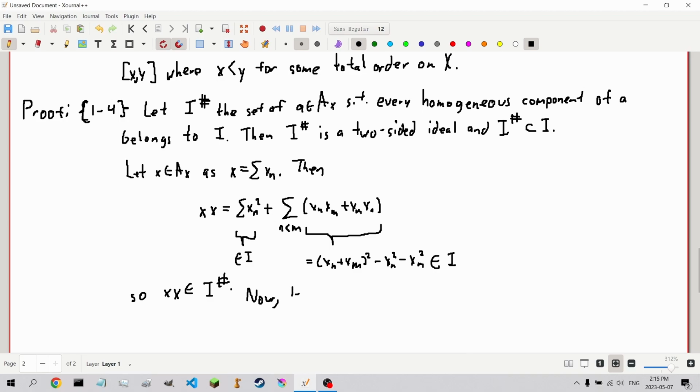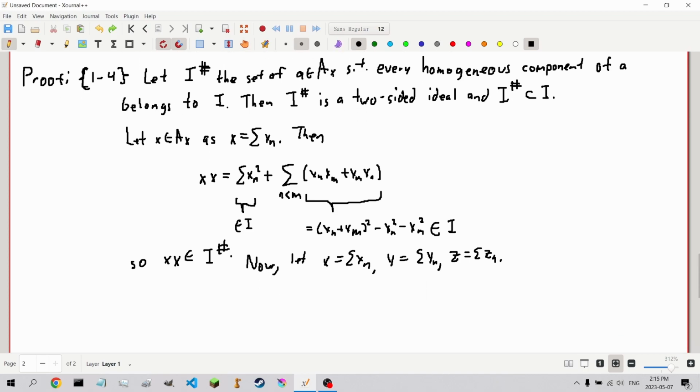Now we let x be the sum of xn, y the sum of yn, and z the sum of zn, so that the Jacobian of x, y, z is the sum of the Jacobians of every possible combination of their components.